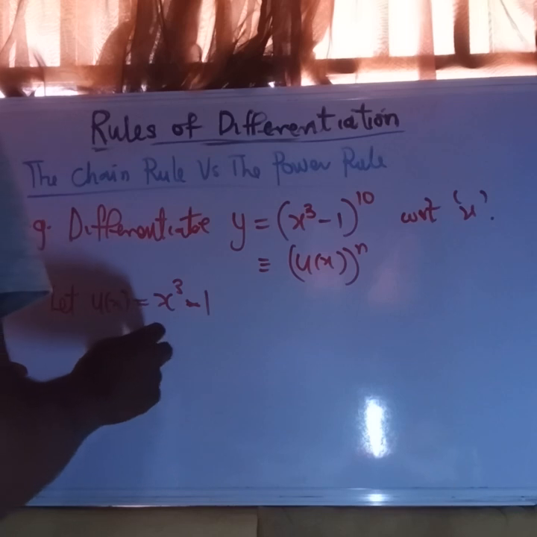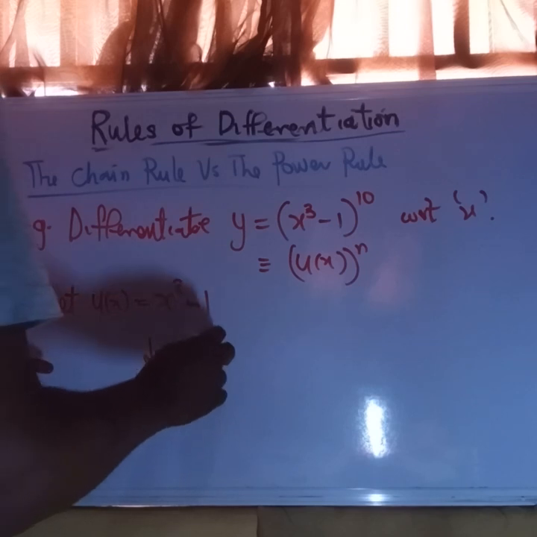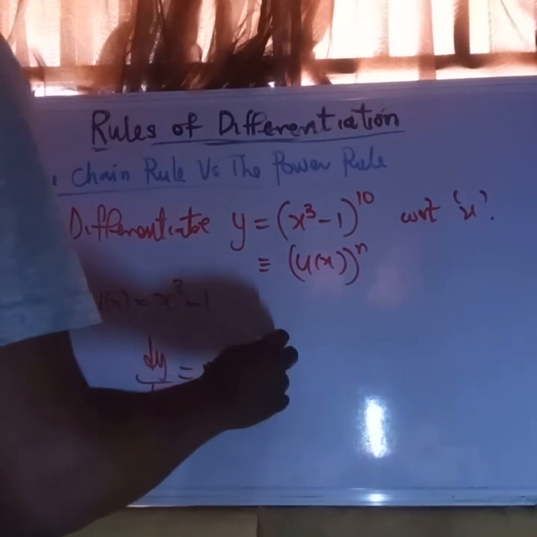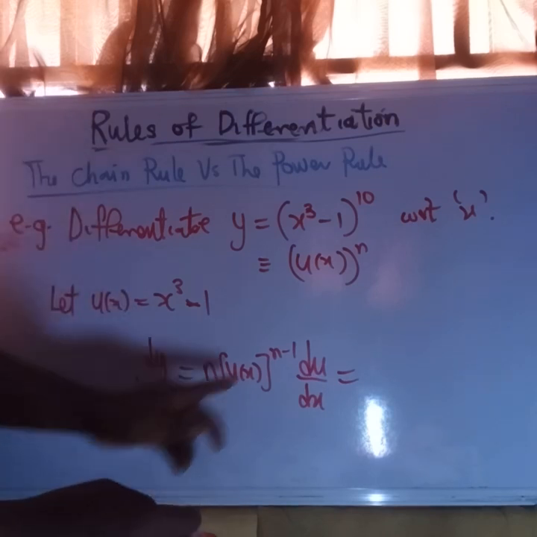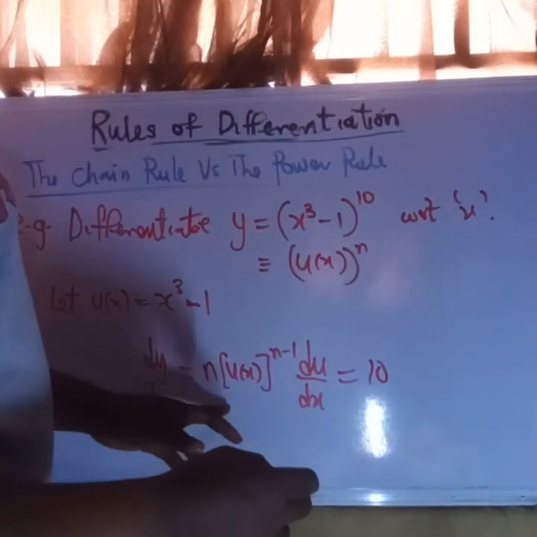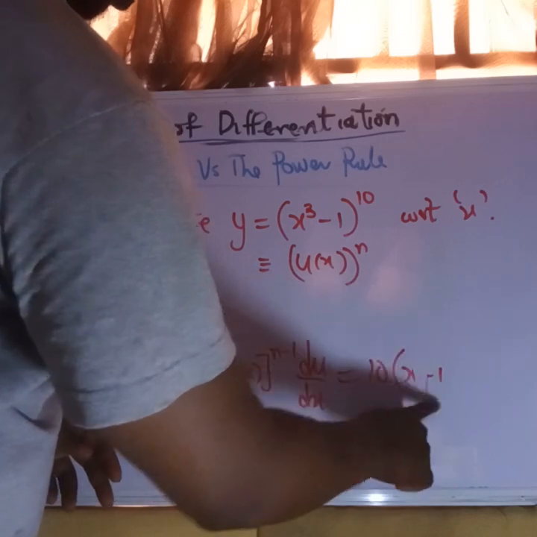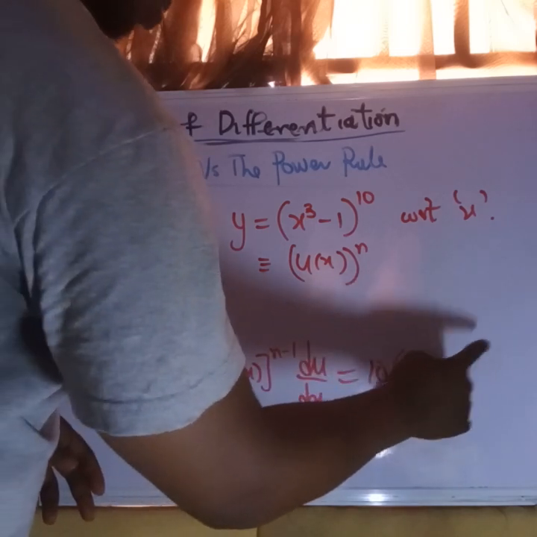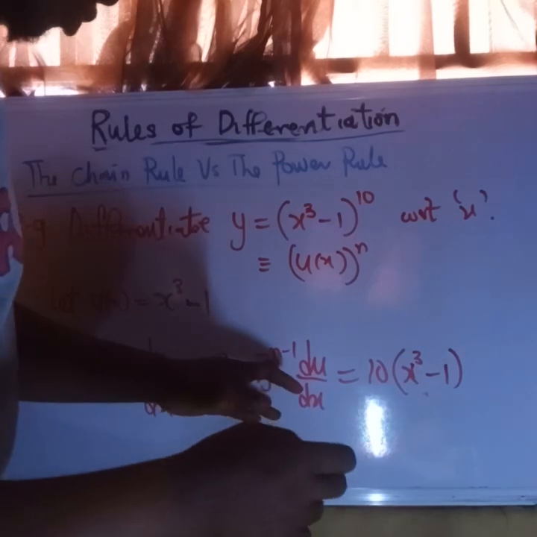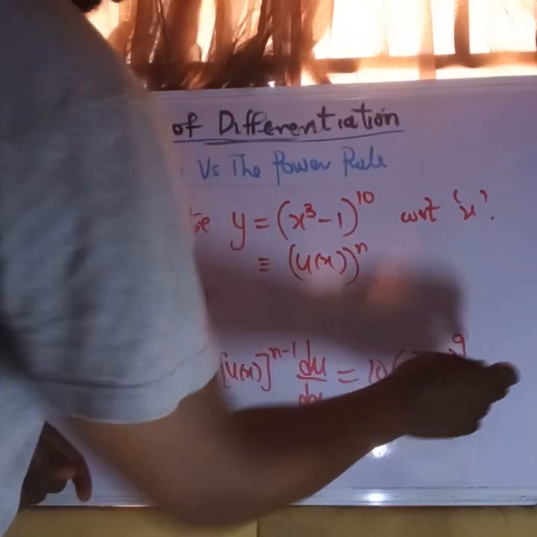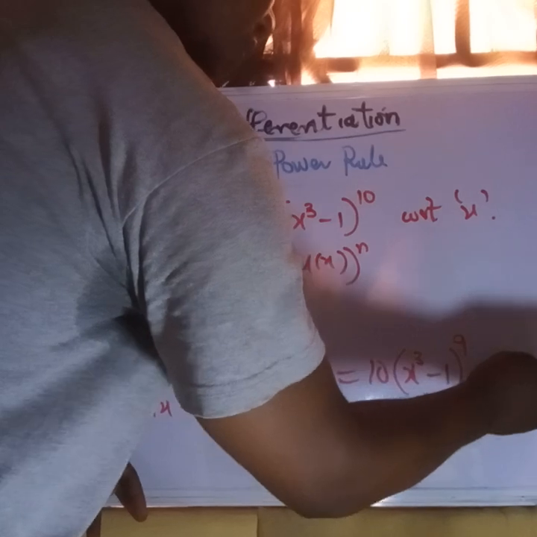From the power law, dy/dx is n times u of x to the power of n minus 1, times du/dx. By comparison, n here is 10, and u of x remains x cubed minus 1, and we remove 1 from the power, which gives 9. We multiply by the derivative of u with respect to x, which is 3x squared.